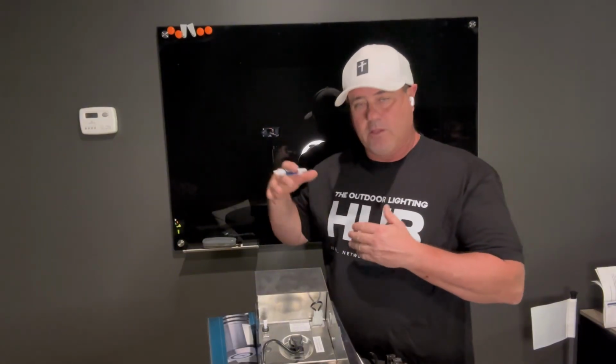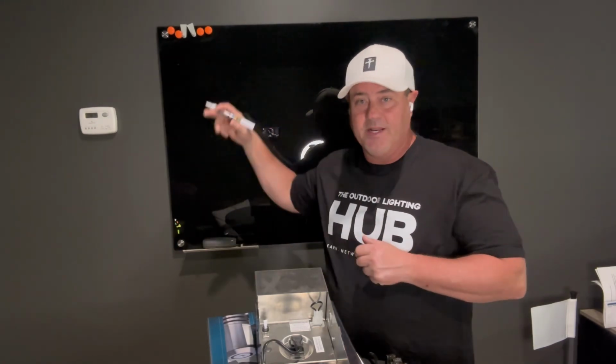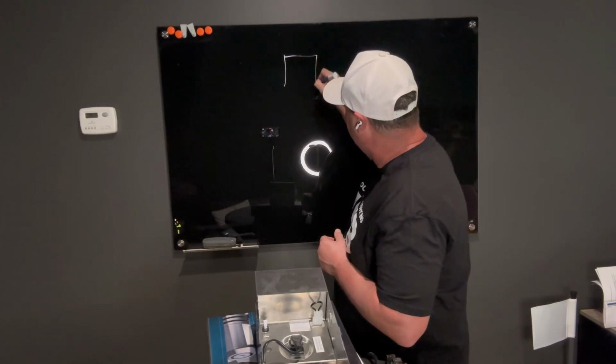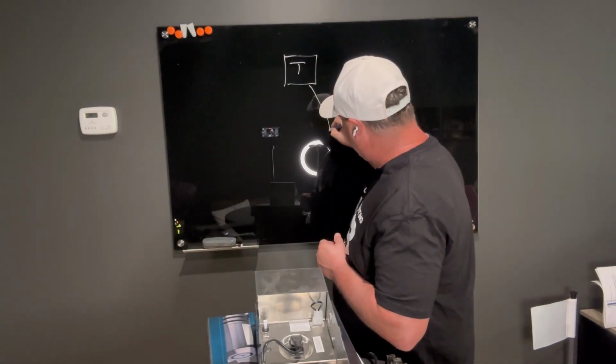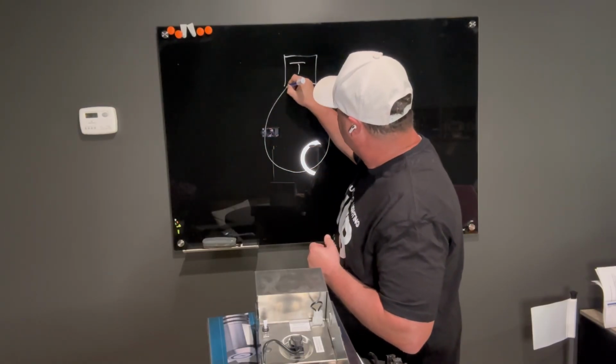So the first thing that you need to understand is the flow of electricity and what a circuit is. Basically, a circuit is just a completed loop from your power source. So if I have a transformer here, my power comes out, around, and back to it.